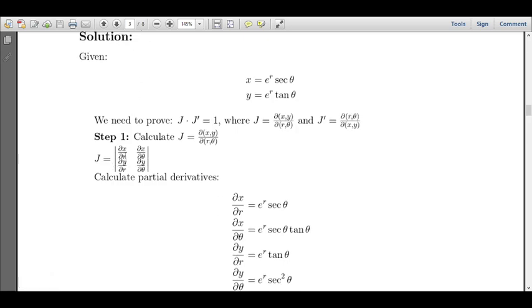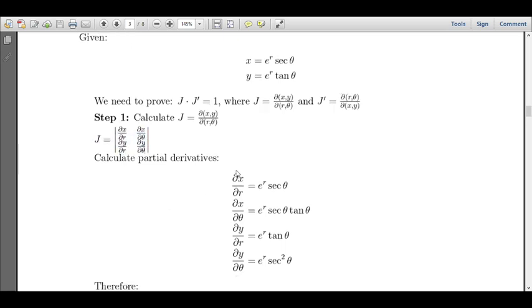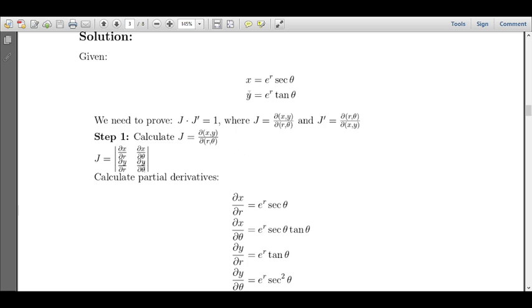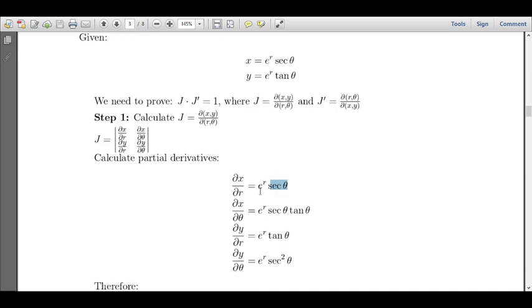So Jacobian J equals the determinant of dou x by dou r, dou x by dou theta, dou y by dou r, dou y by dou theta. First we calculate: with respect to r, theta is constant, so we write secant theta as it is, and the differentiation of e power r is e power r. Dou x by dou theta: with respect to theta, r is constant, so we write e power r as it is, and the differentiation of secant theta is secant theta tan theta.